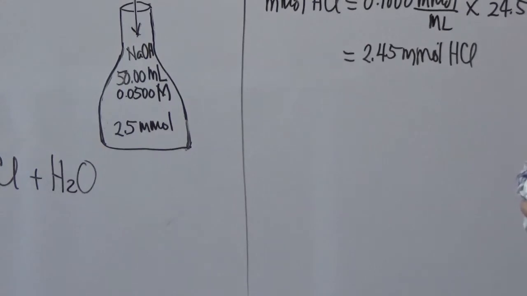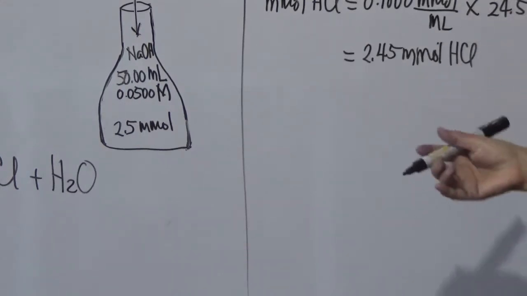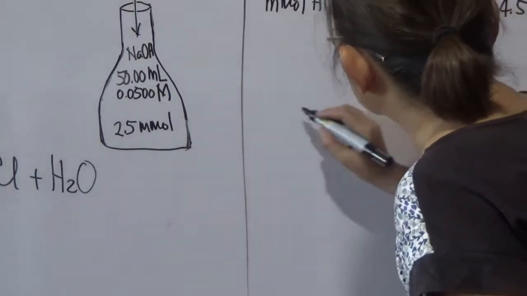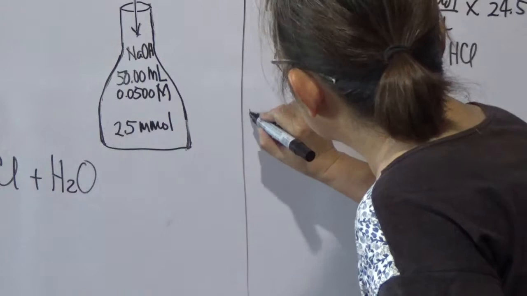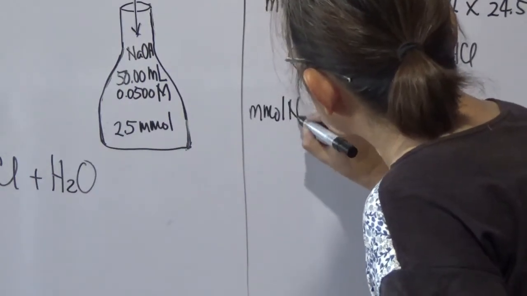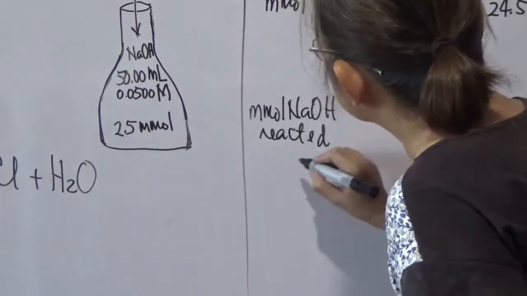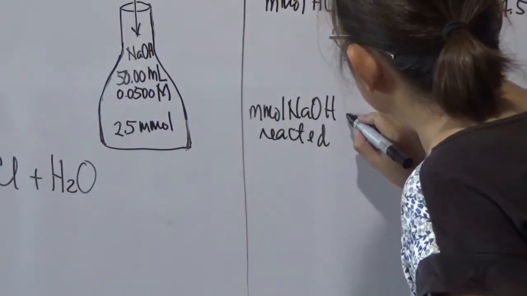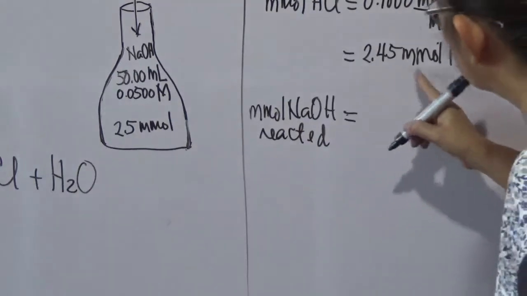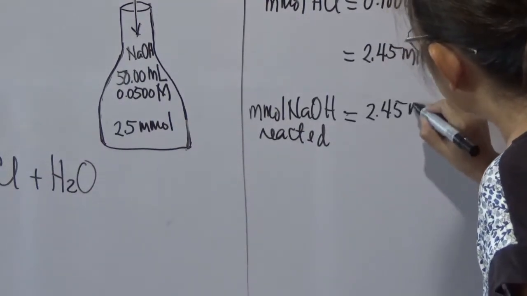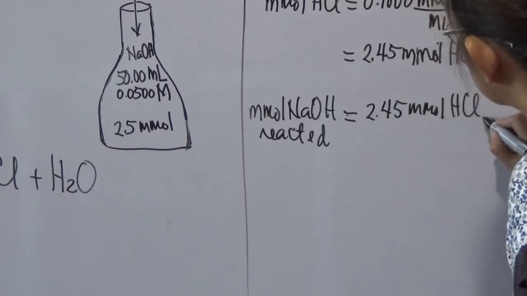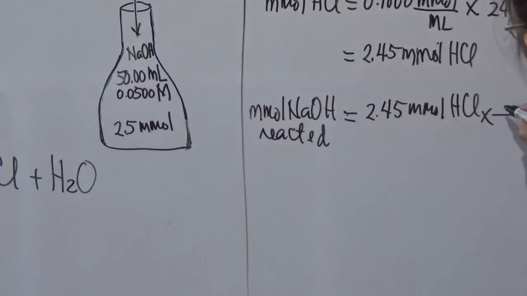So if we compute the millimole of sodium hydroxide reacted or consumed, that will be 2.45 millimole of hydrochloric acid times the stoichiometric relationship, 1 millimole of sodium hydroxide for every 1 millimole of hydrochloric acid.